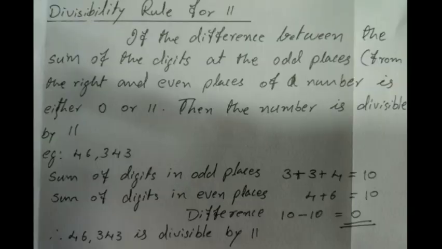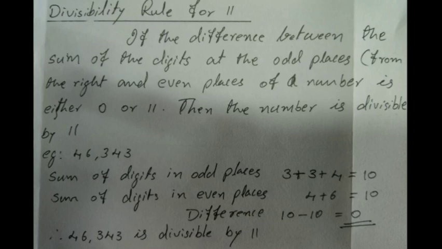Then the divisibility rule for 11. If the difference between the sum of the digits at the odd places from the right and the sum of the digits at the even places of a number is either 0 or 11, then the number is divisible by 11. Here is an example, 46,343.